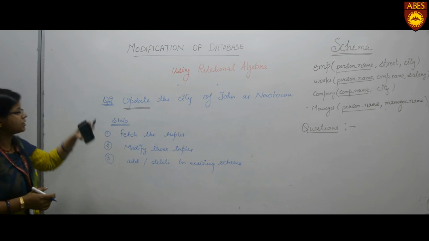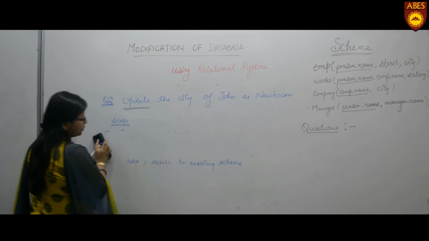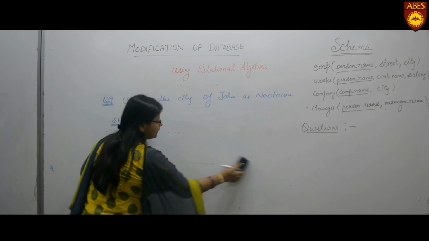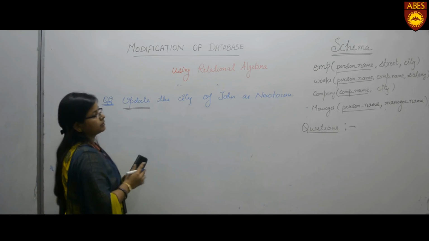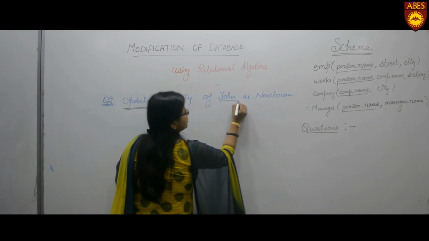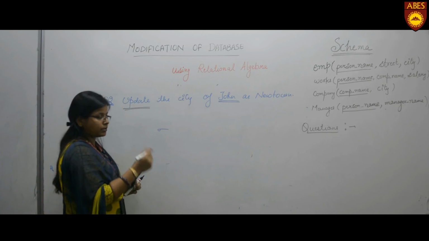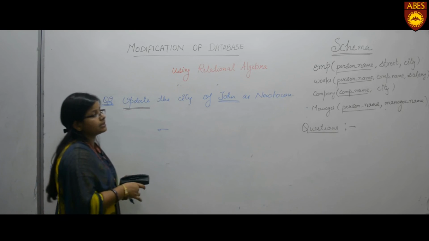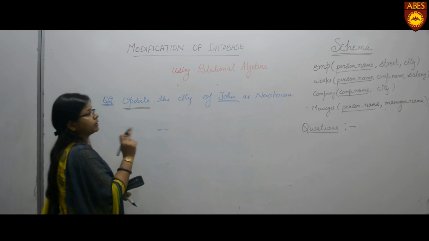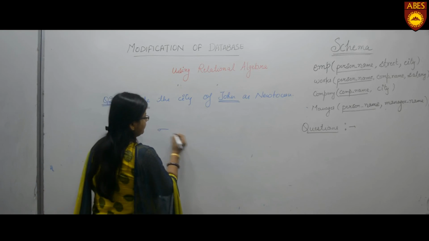These are the basic operations for the update command. So we'll see how to fetch, how to modify, and how to combine these steps for performing the update command. First I'll fetch those tuples where person name is equal to John from the EMP table, because I need to update the city of that particular employee.